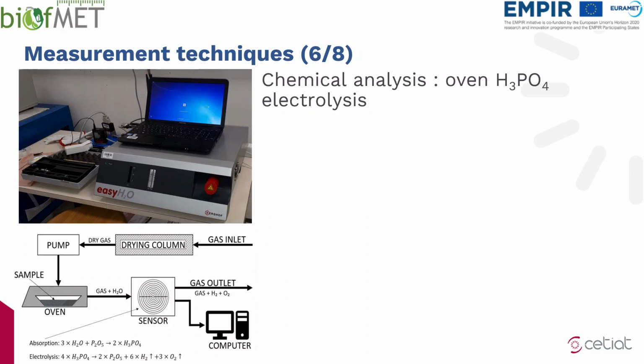This method involves heating the sample in an oven to evaporate the moisture and then reacting the water molecules with P2O5 coating to form H3PO4. In the electrolytic cell, H3PO4 molecules are dissociated into hydrogen and oxygen.